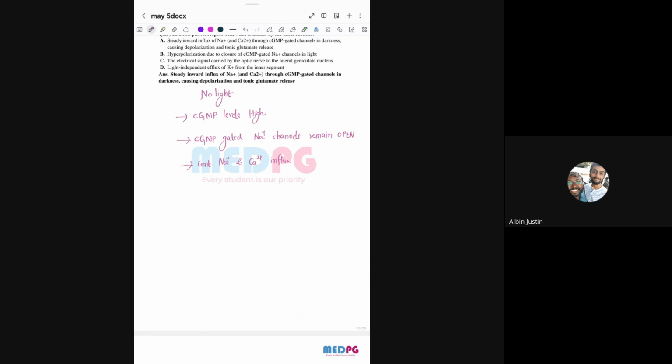Thus there will be a continuously depolarized rod photoreceptor cell, and there is continuous glutamate release.